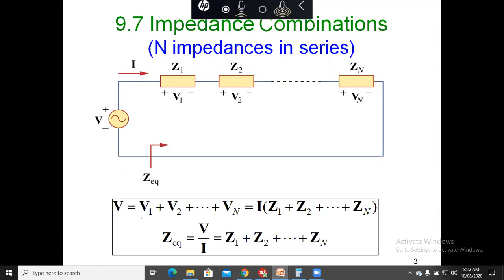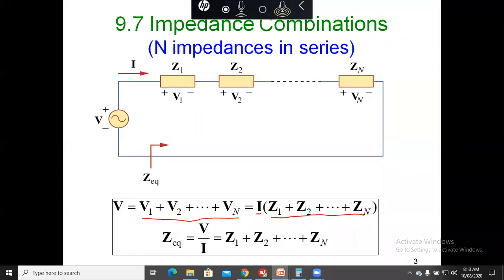You have seen this in the first course as well, but here we are dealing with phasor voltages. We can write the impedances as Z1, Z2, up to Zn because it's a series network, and we multiply each by the current.